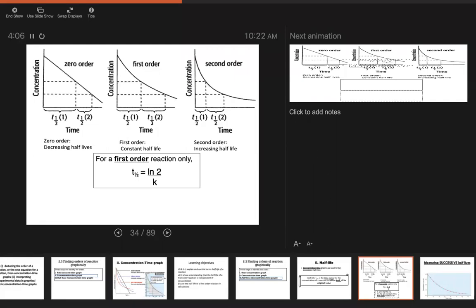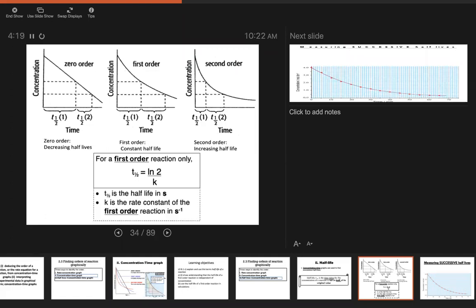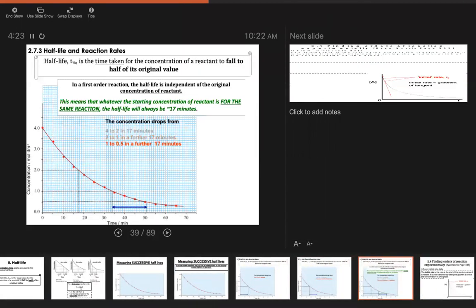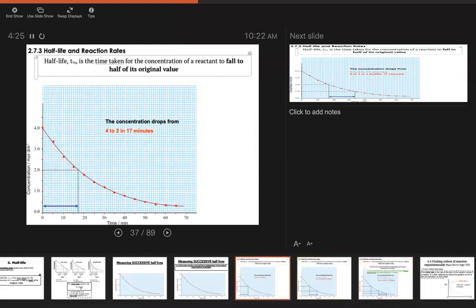Because your T half of a first order is constant, it's the same. You can also use formula for the other orders, but it's a little bit more complicated and it's not required for your syllabus, okay?